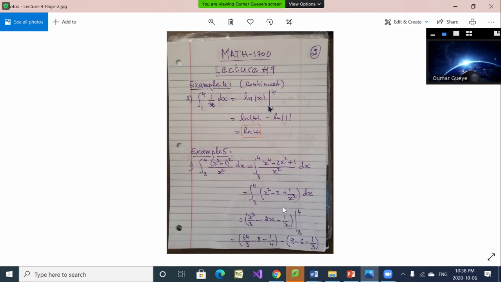And when you calculate the value taken by the antiderivative at 4, you get the first bracket, and the second bracket is the value taken by capital F, this function, at 3. And to conclude, we have to drop the brackets and do the calculations.